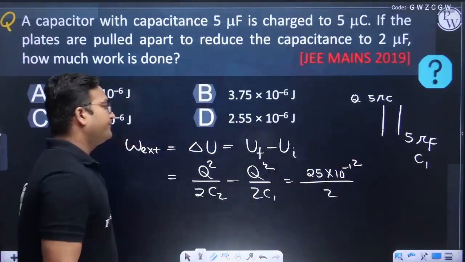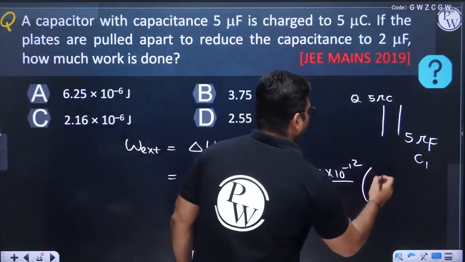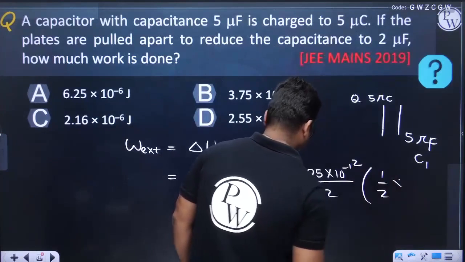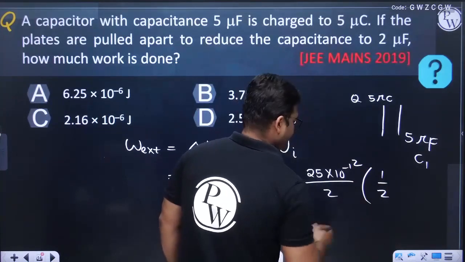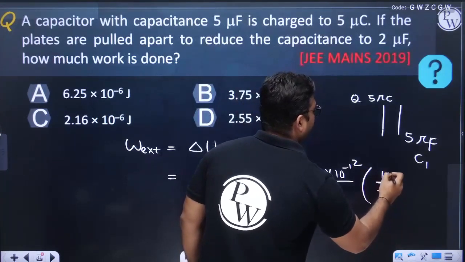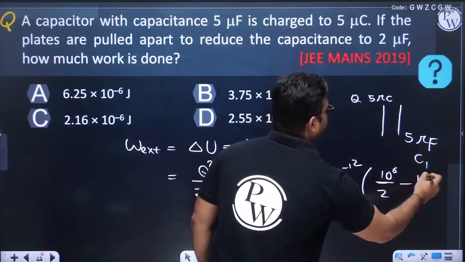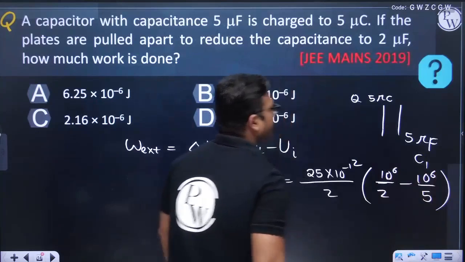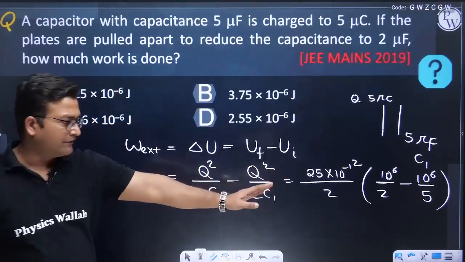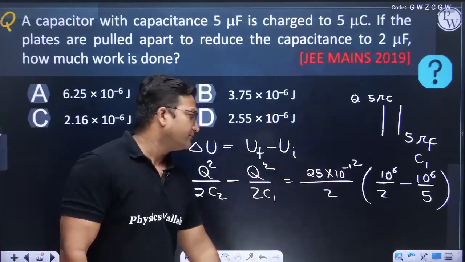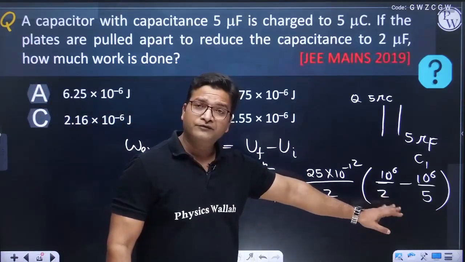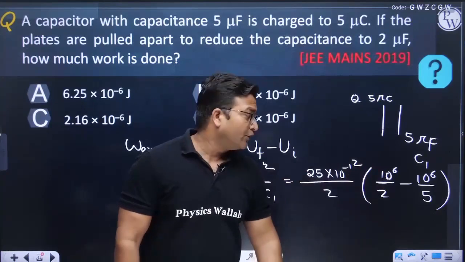Let's take it common, and we will have 1 by C2 as 10 to the power 6 divided by 2, minus 10 to the power 6 divided by 5. In SI units, I have changed everything to SI. As the capacitance is 2 microfarad, I have removed micro by multiplying by 10 to the power 6.